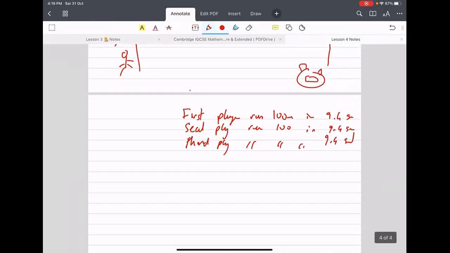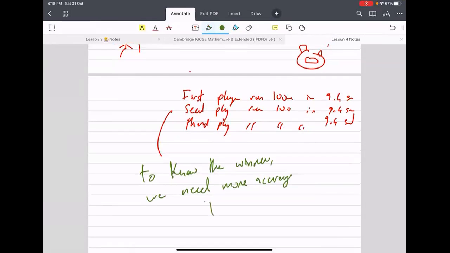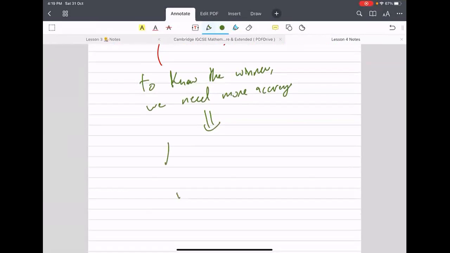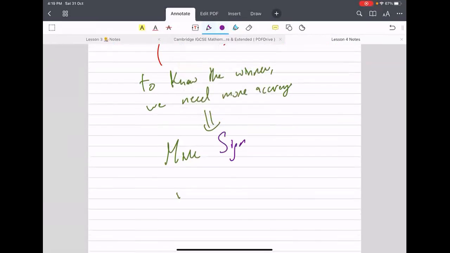So we need more accuracy to differentiate, to know the winner. We need more accuracy, right? Therefore, more significant figures.